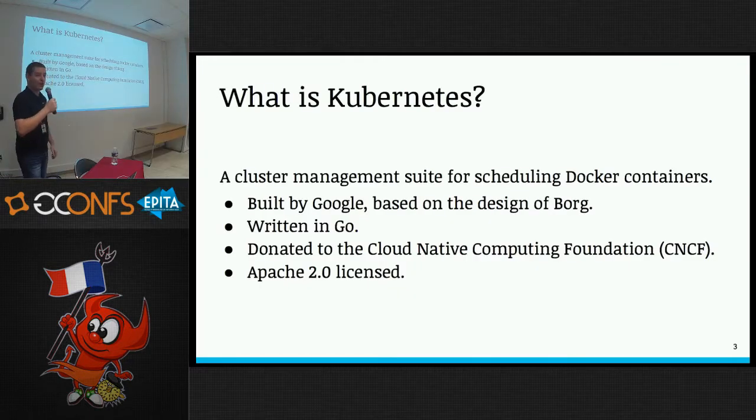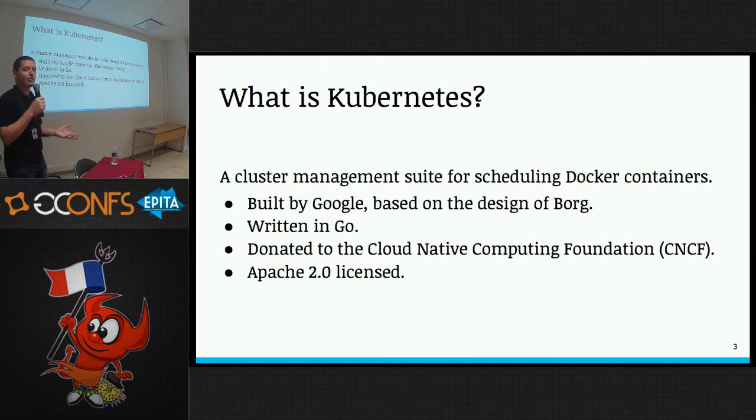Kubernetes is a cluster management system that has originally been developed by Google and is inspired by their proprietary cluster management system called Borg, that I also used a lot in the past while I was working for them in Munich. The main difference between Borg and Kubernetes is that Kubernetes is written in Go, whereas Borg is written in C++.